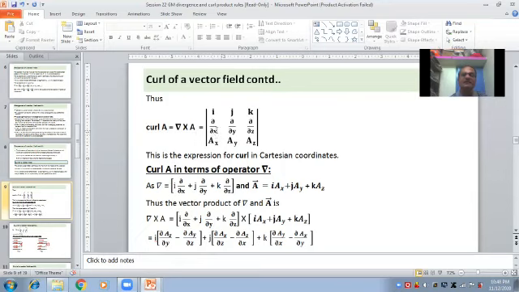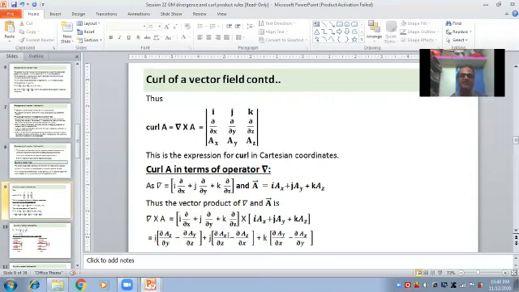So when you omit the first column and the first row, the terms left are these four, and then you take the cross product here, ∂Az/∂y. So here ∂Az/∂y is there, and minus ∂Ay/∂z.